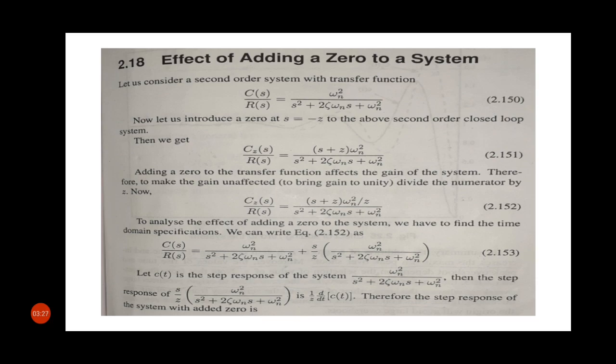Here the DC gain is 1. We divide the numerator by z to bring the DC gain to unity.